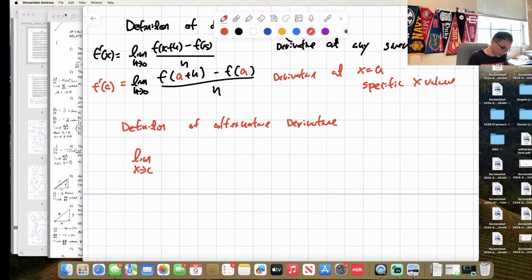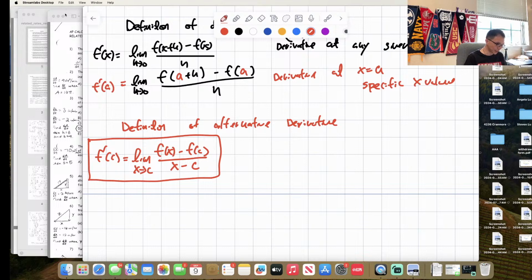Instead of h approaching 0, it's going to be x approaches c. The limit of f of x minus f of c over x minus c is equal to f prime of c. That is f prime of c. So this is something that we're going to be using today.